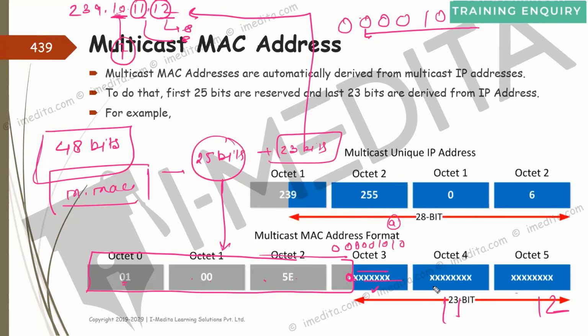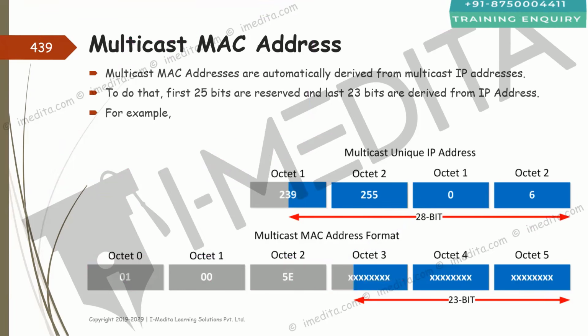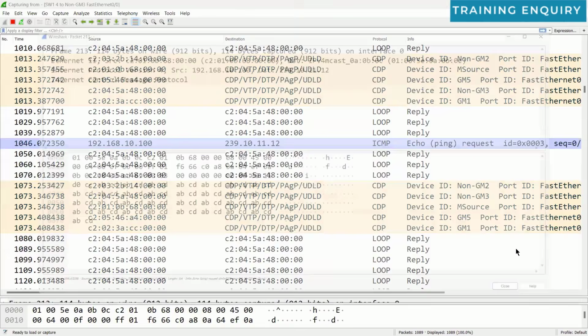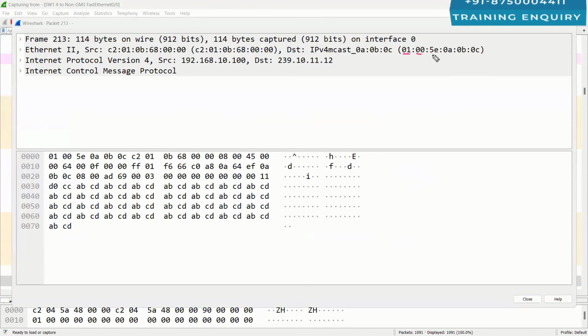Then write that down in hexadecimal. What is 10 in hexadecimal? A. What is 11? B. What is 12? C. So with the help of this, the multicast MAC address becomes 01005E0 and ABC.